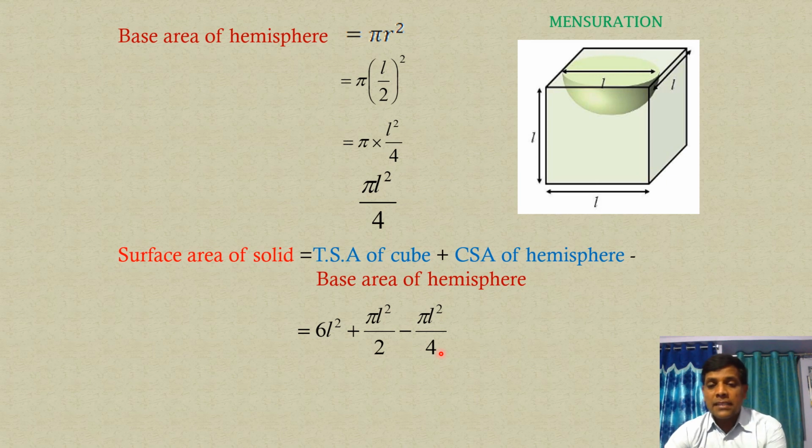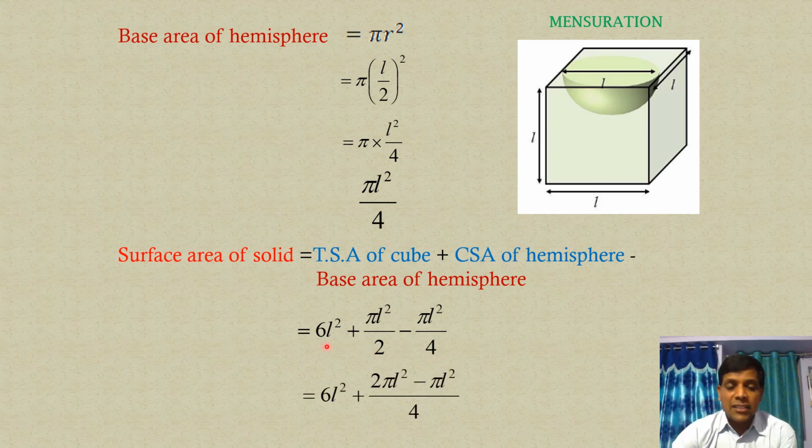Now next step. 6L square plus, here the denominators are 2 and 4. So what is the LCM of 2 and 4? 4. In the second term, multiply 2 times: 2 into pi L square, minus 4 into 4, 1 time, 1 into pi L square.